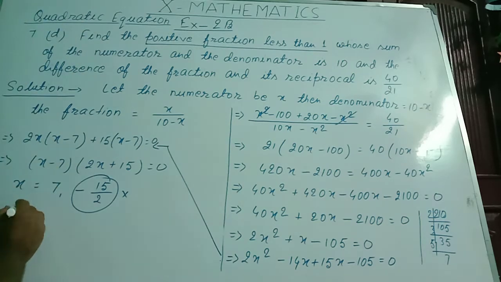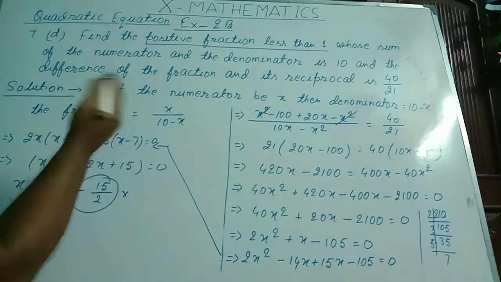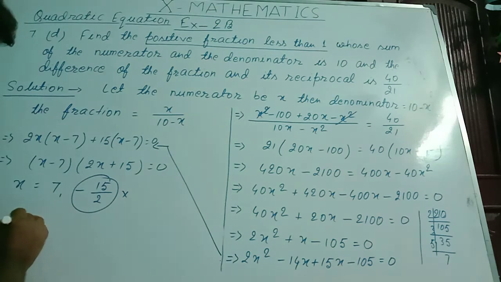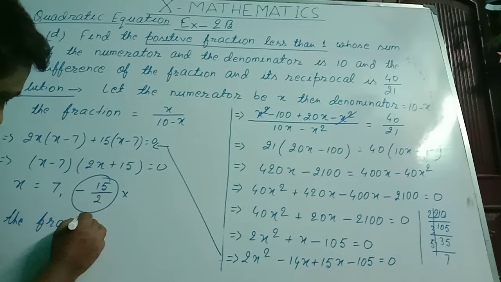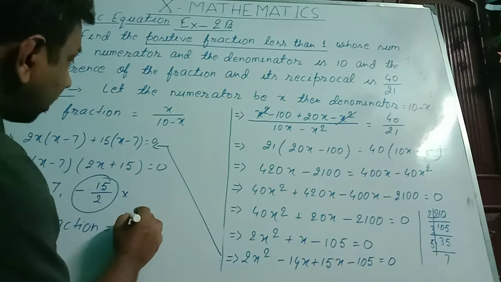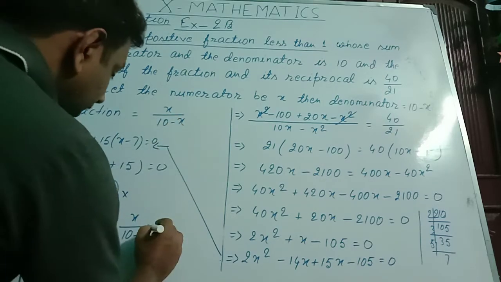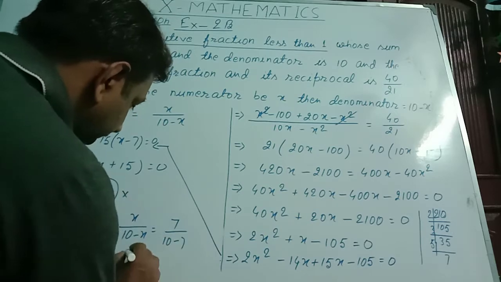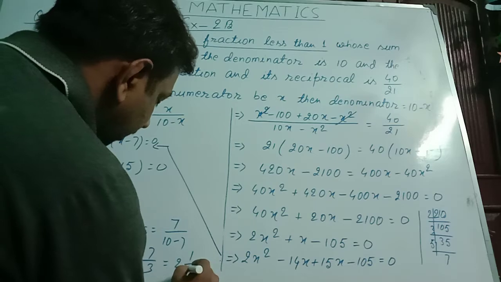As we have considered the numerator to be x, the denominator is 10 minus x, and the fraction should be less than 1. The fraction is equal to x by 10 minus x, which I have written above. If we write 7 by 10 minus 7, we get 7 by 3, that is 2 and 1 by 3.